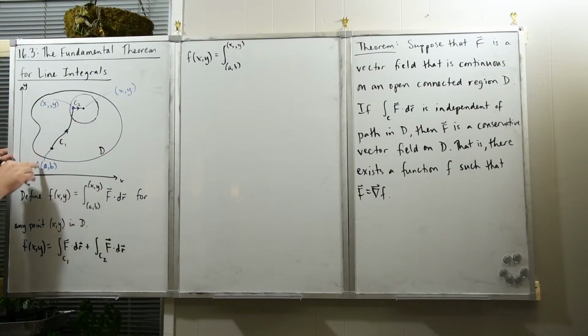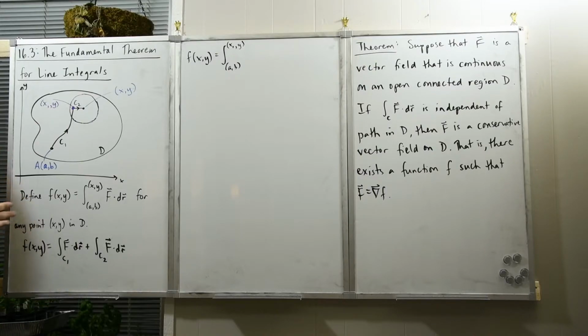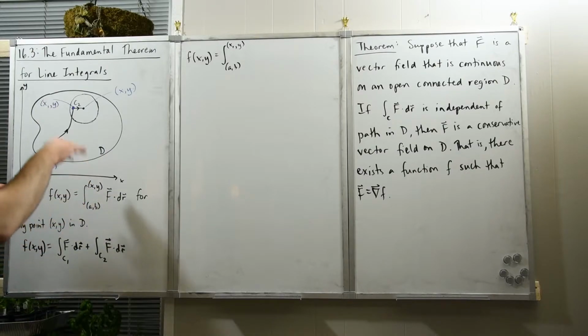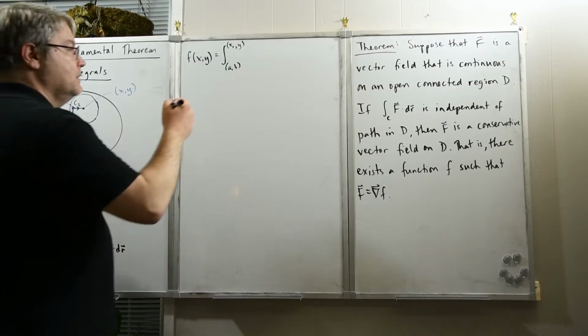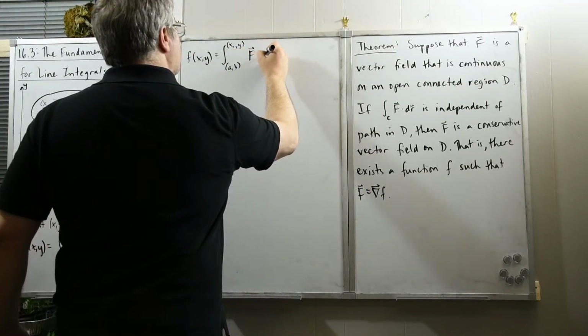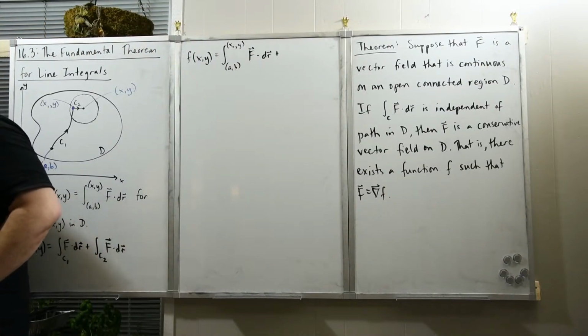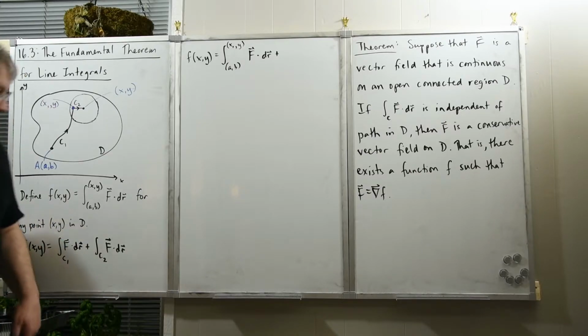C1 is going to take us from this point A to this point with coordinates (x1, y). And so if you think about the line integral of f along C1, basically what you would get is this representation just with an x1 here for that x coordinate up top. But then we'd also have to add to this the line integral of f along C2.